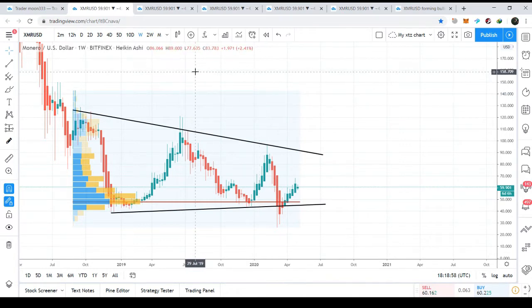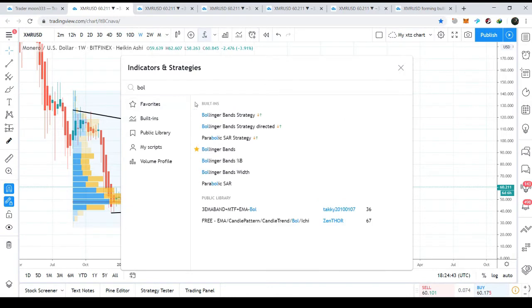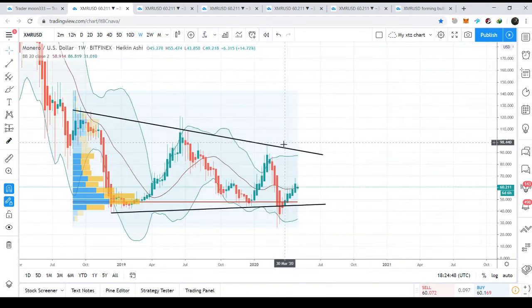I'm definitely going to show you that. If I place the Bollinger Bands, then we can easily observe that at this time, the upper band of the Bollinger Bands is below this resistance level of the wedge. In order to have a powerful breakout, this Bollinger Band should be out of the resistance of the wedge.